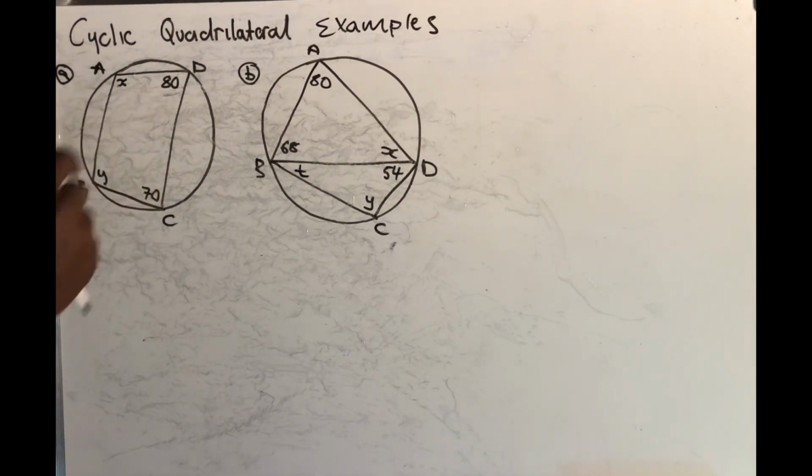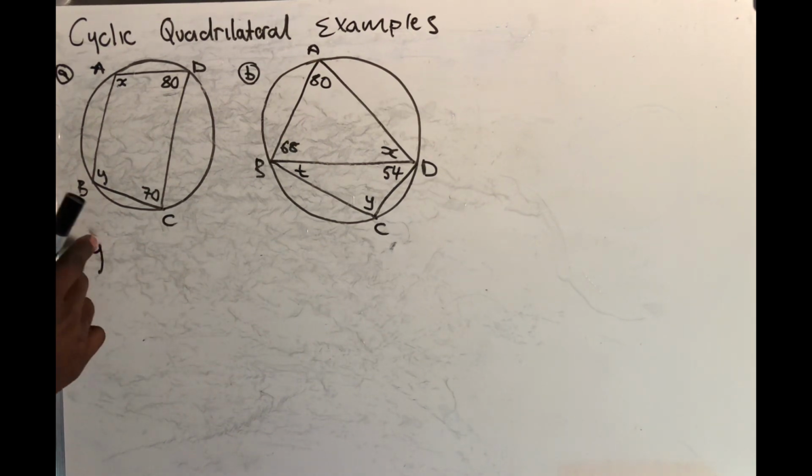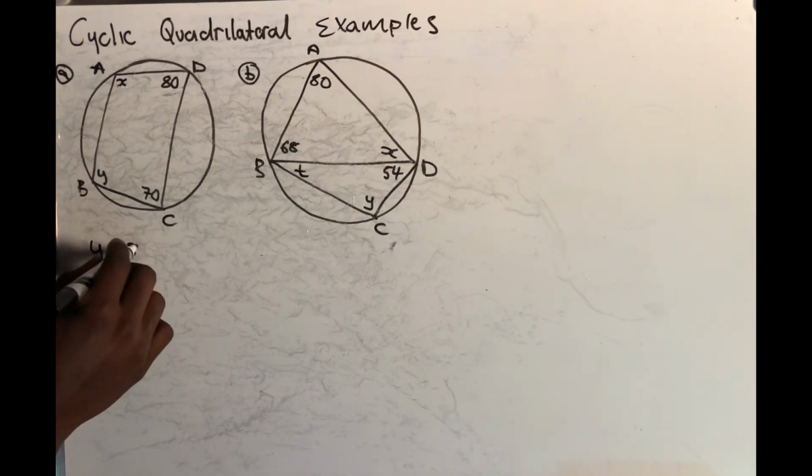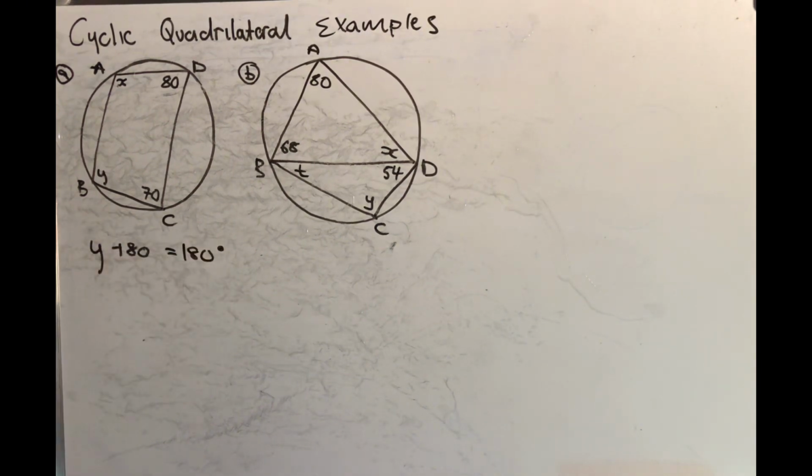Let's start by remembering what we know. We know that the opposite angles of a cyclic quad add up to 180. That means y plus 80 is equal to 180 degrees.